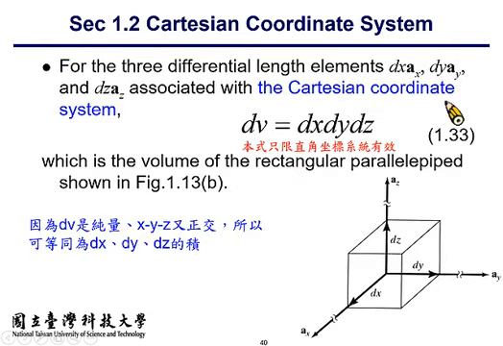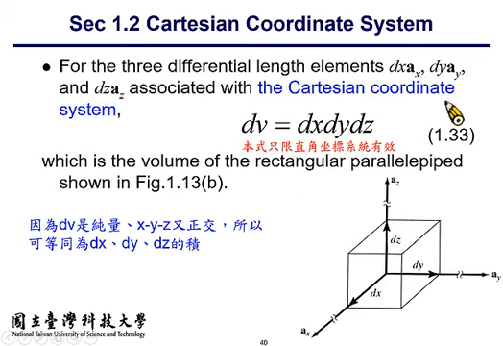And if the three differential lengths are aligned with x direction, y direction, and z direction, the volume integral can be found by taking the product of the three. However, this description is only valid for Cartesian coordinate system.